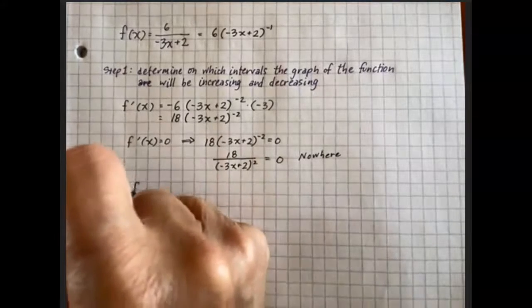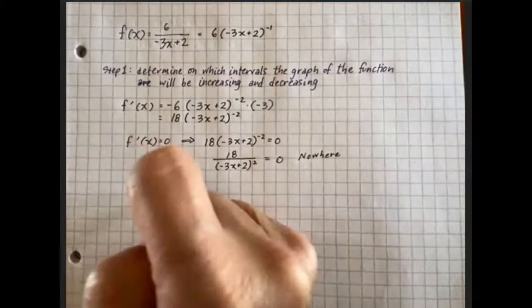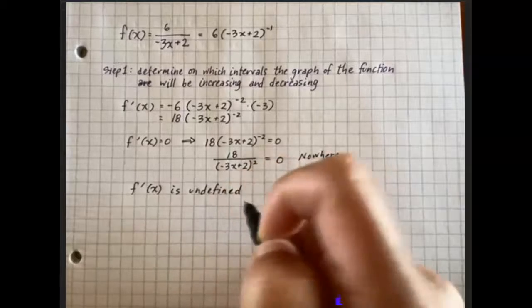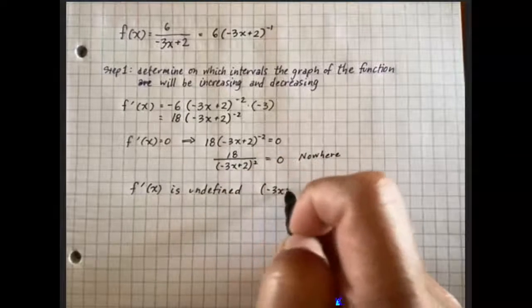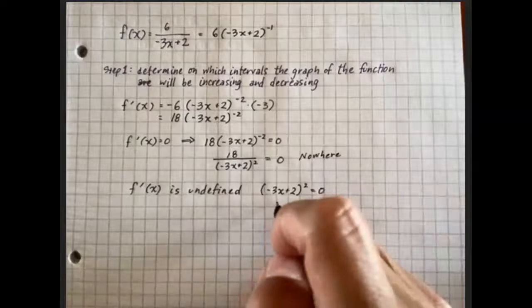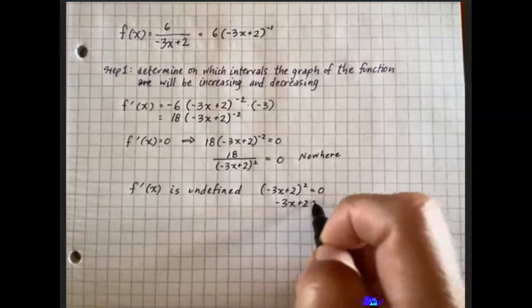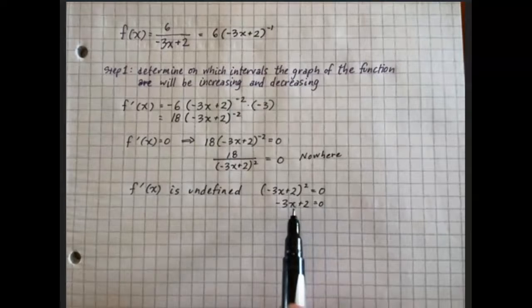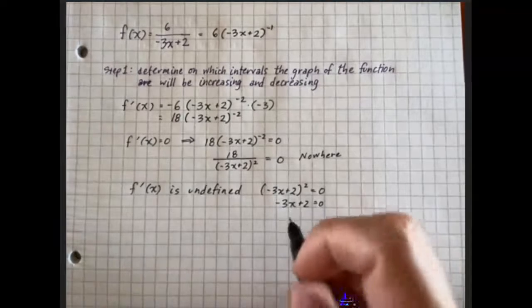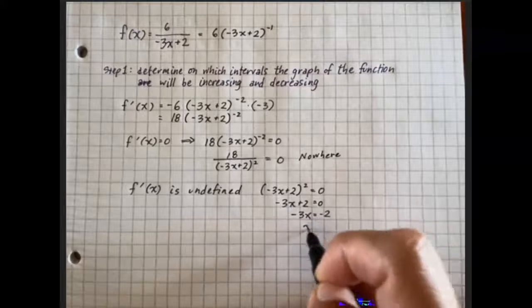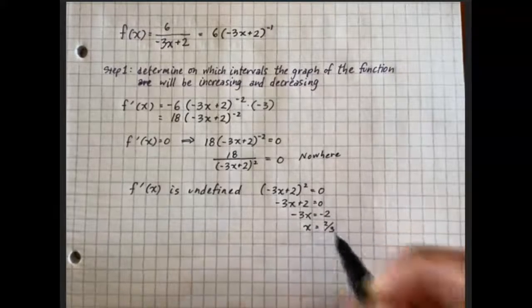So f prime of x is undefined where negative 3x plus 2 squared is equal to 0, or where negative 3x plus 2 equals 0, right? Because the only way you're going to get that whole thing to equal 0 is if what's inside equals 0, and then you square it, and it's 0. So let's see, negative 3x equals negative 2, or x is equal to 2/3.